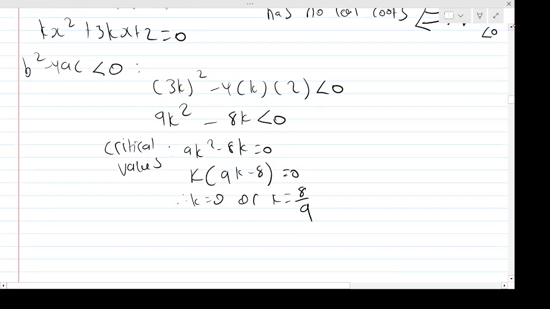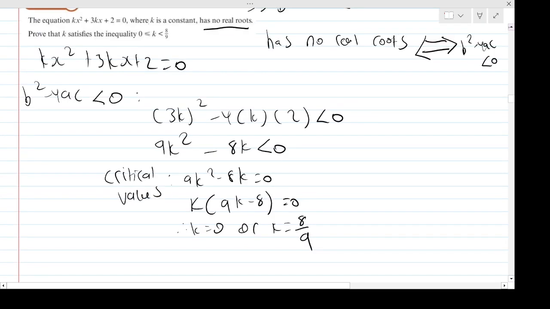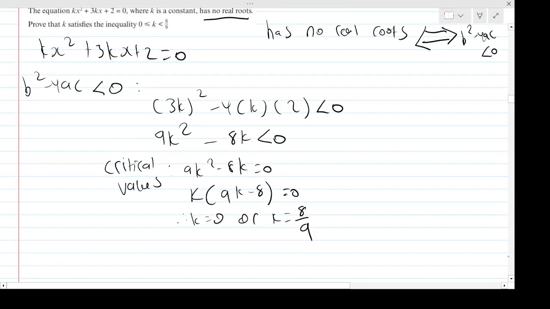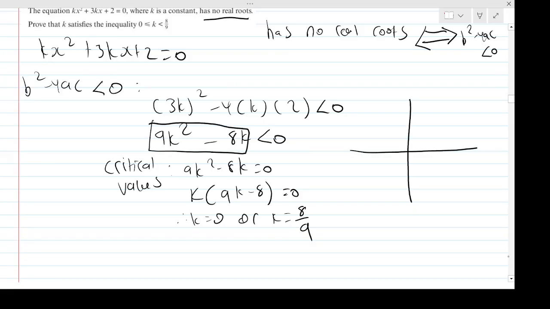Okay, and actually we can start to see we get a right answer because our inequality that they want has 0 and 8 over 9, so actually we can kind of almost confirm to ourselves we might be on the right track there. Some assurance there. Anyway, so we've got our values then. That helps us to do a little sketch of this quadratic here. Okay, so obviously you have one root at 0, or critical value at 0, and another root at 8 over 9, say there.